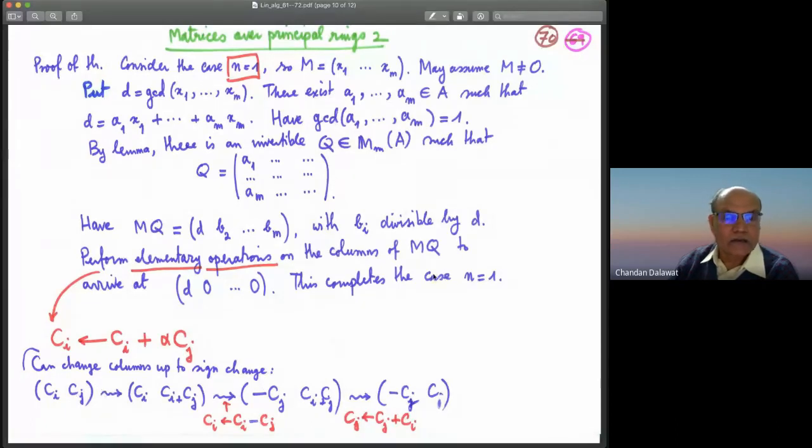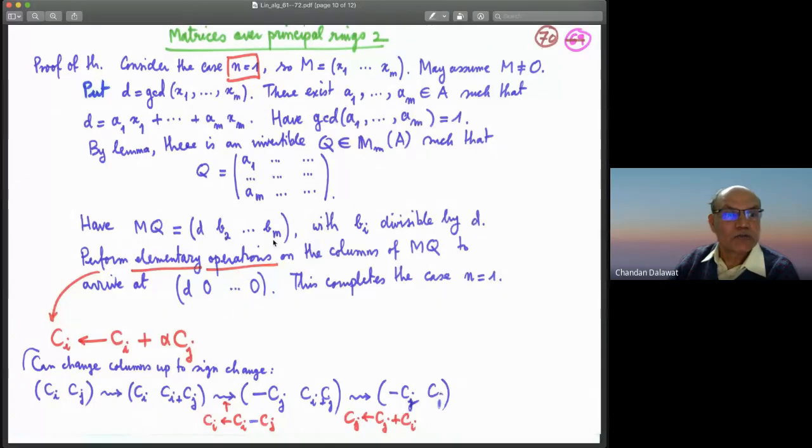So that applies to the rows as well. So these column operations allow me to go from this matrix with B1 up to Bm to D, 0, 0, 0. How?